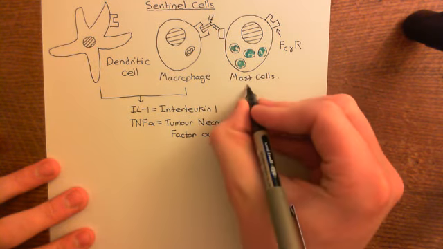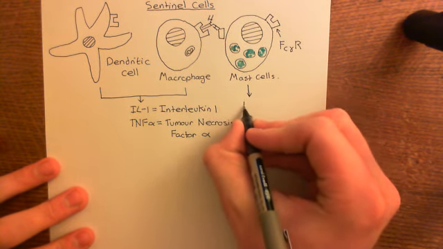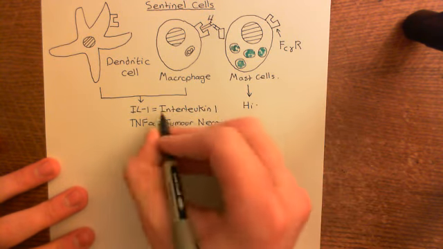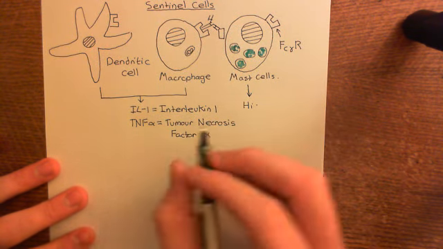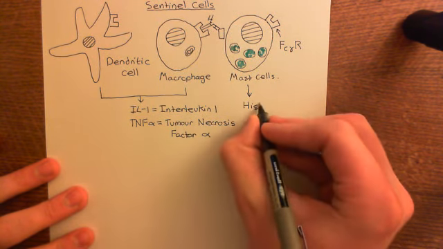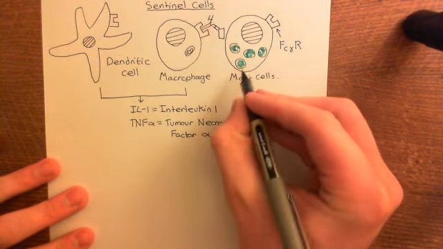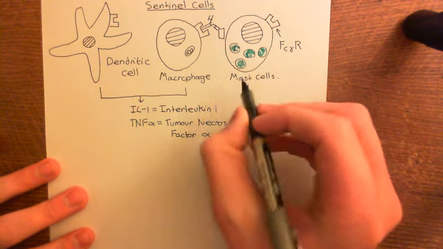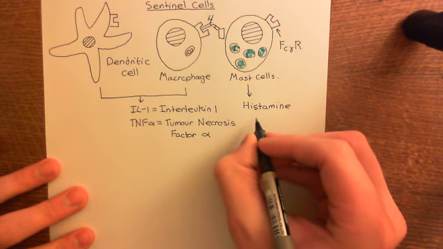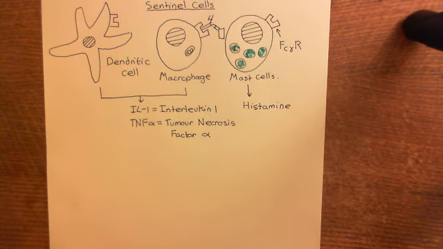Now, mast cells, they do secrete these also to an extent, but the main thing they're going to do is release histamine. So they're going to degranulate, and they're going to release all the histamine from their histamine granules. Okay, so these alarm signals are going up in the synovial fluid.